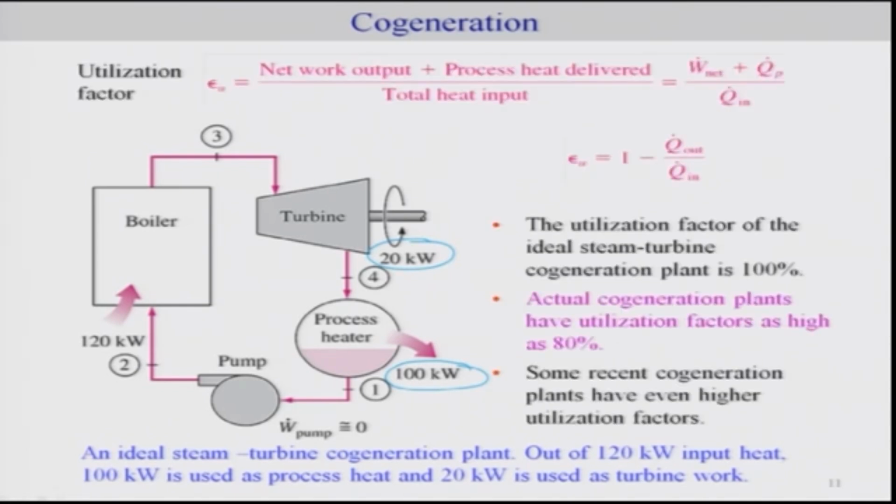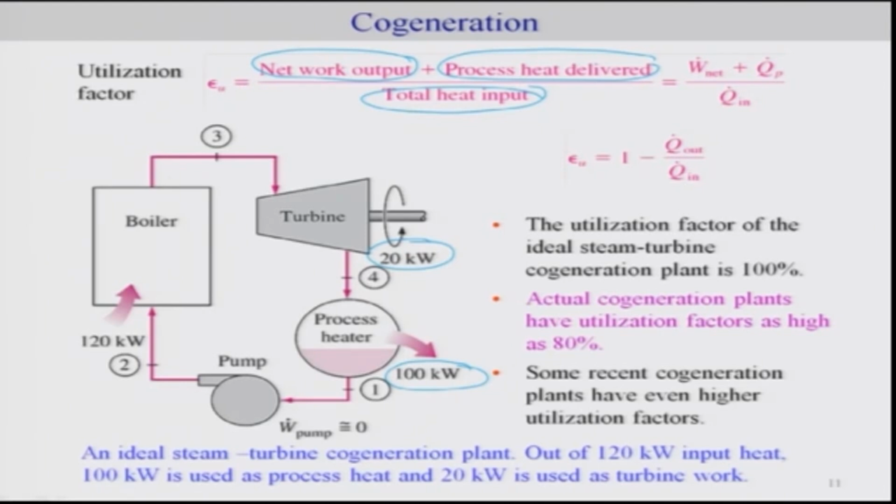So, how do we describe this kind of plant and what is the typical efficiency? For this kind of cogeneration plant, we do not use efficiency, we rather use utilization, because the issue is how to utilize the energies here. So, the term utilization factor is used, where we say the net work output plus the process heat delivered divided by total heat input, and thus W net plus QP divided by Q in.